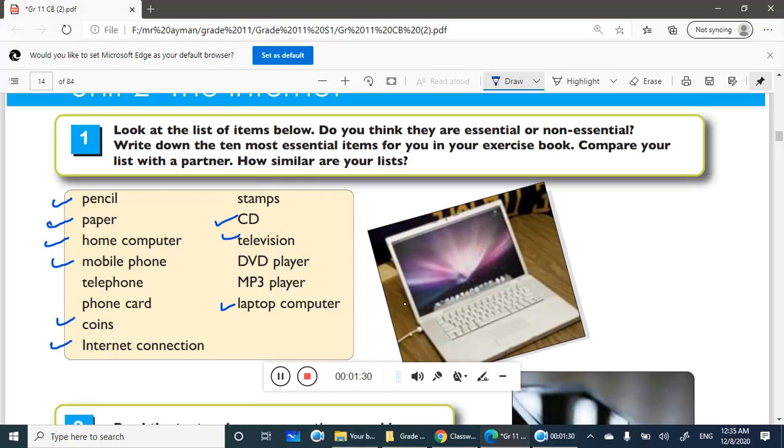Okay, now there are about 9 items. We may also use stamps for sending envelopes or letters and so on.